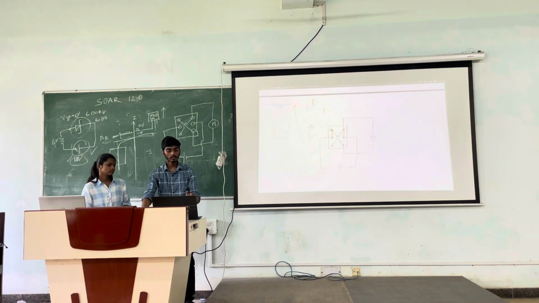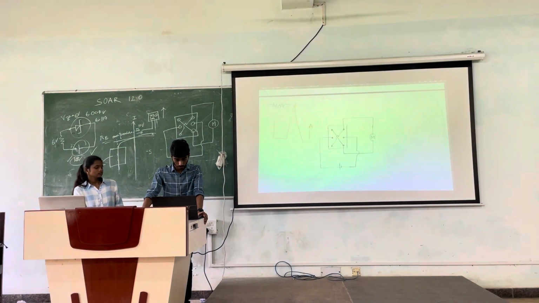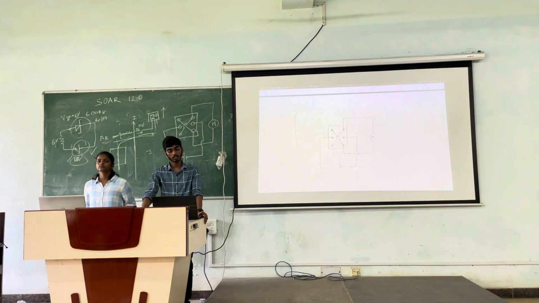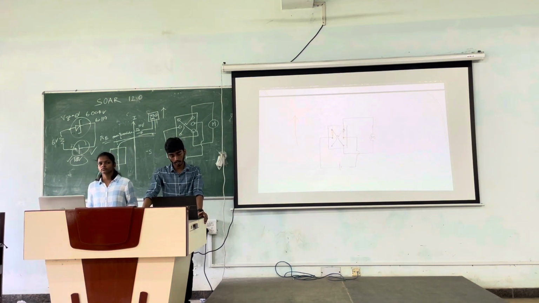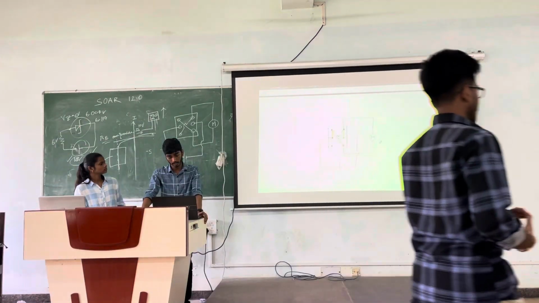Now if we are toggling it upward, these two terminals are getting connected and these two terminals are getting connected, and now we see the current flow direction. The battery positive terminal current flows in this direction, follows this path, comes here and enters the motor through this terminal. So this side is positive.